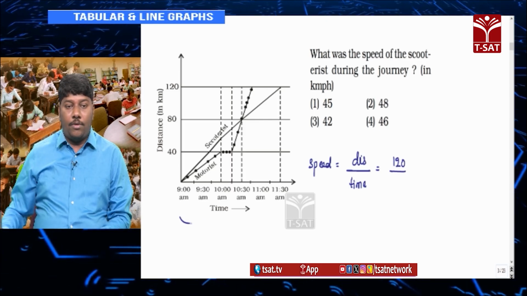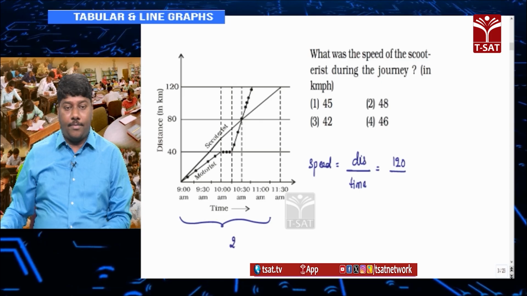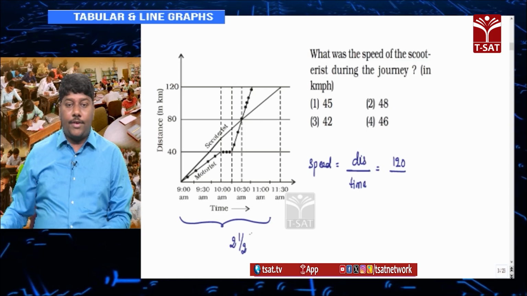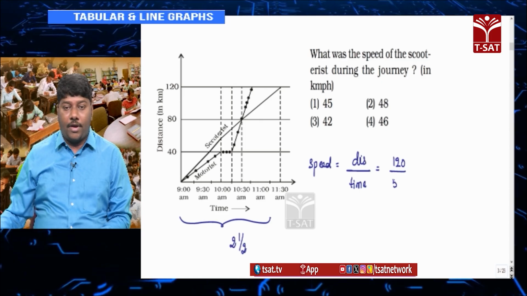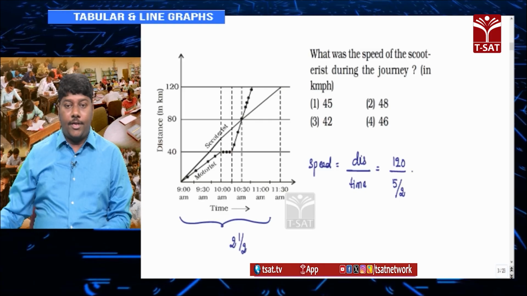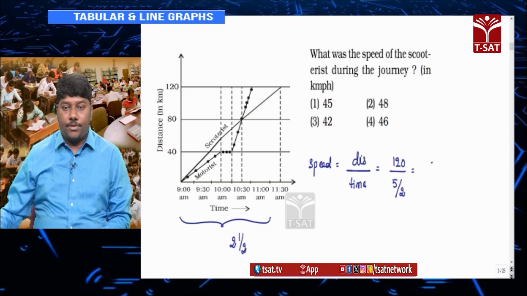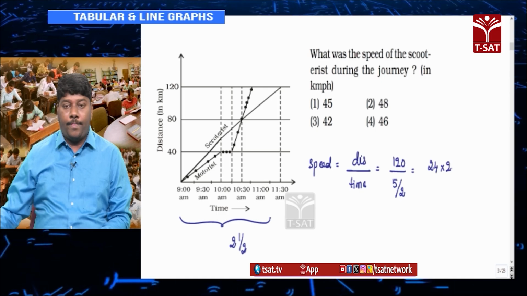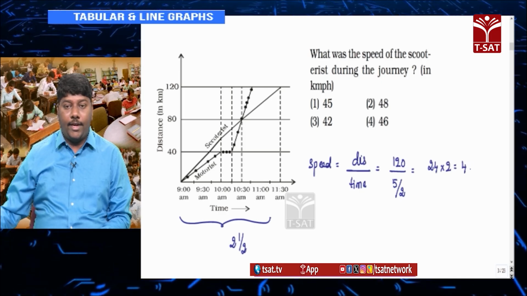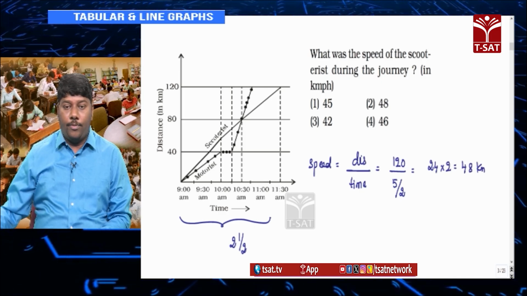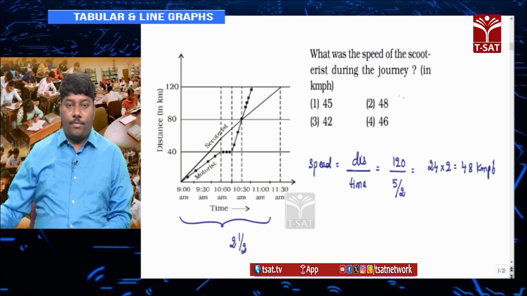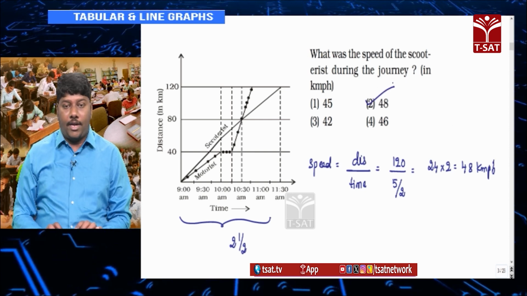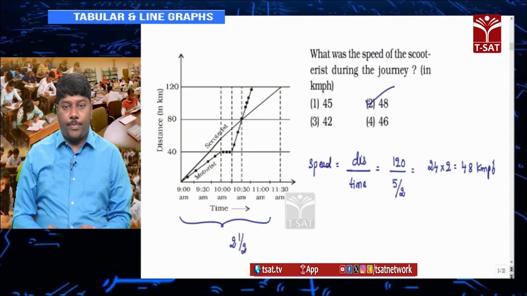And the scooterist took how much time? It's 2.5 hours, which I would say is 5 by 2 hours. In the numerator it is kilometers, in the denominator it is hours. So 24, 5, 24 is 120 into 2. Therefore, I would say 48 kmph, kilometers per hour. So 48 kilometers per hour is the speed.